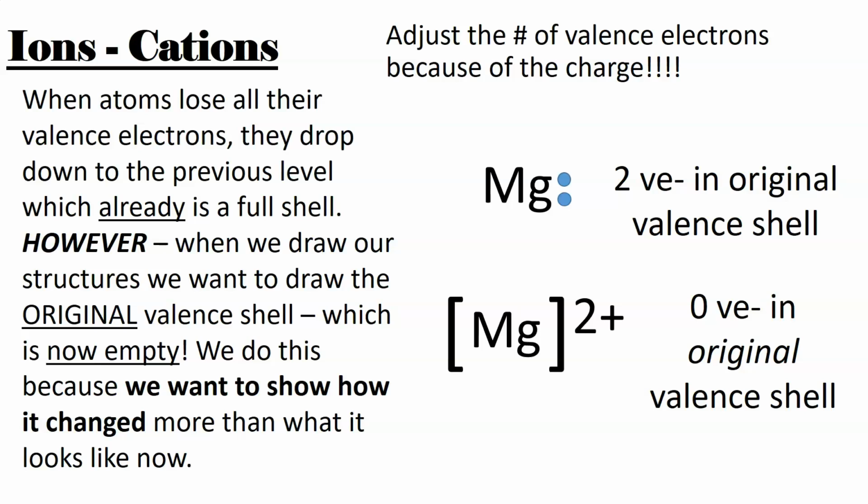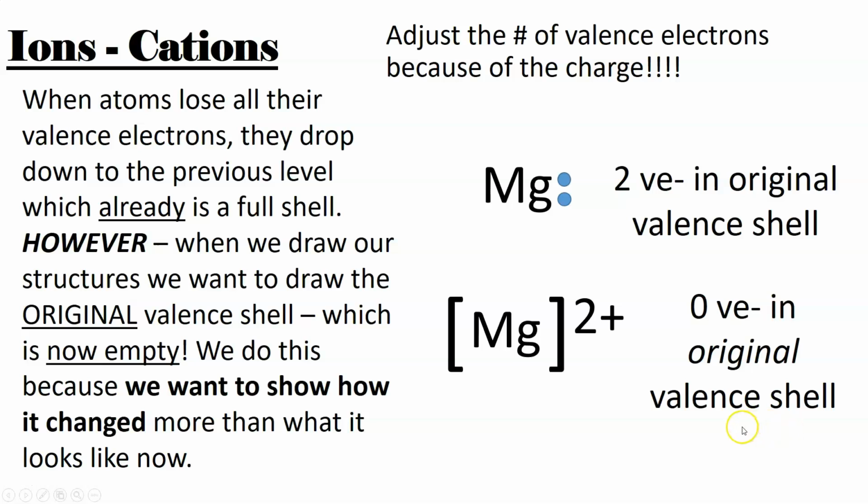But we're trying to draw what the original valence shell looked like. So even though magnesium will still have a bunch of electrons, and some of those will be on a new valence shell, what I'm trying to draw in my picture is how it looks compared to where it started, its original valence shell. So its original valence shell is now empty.